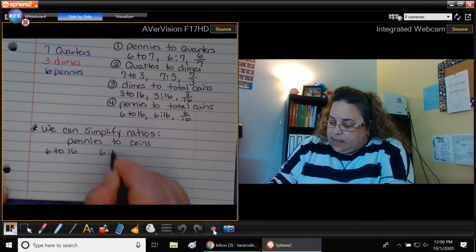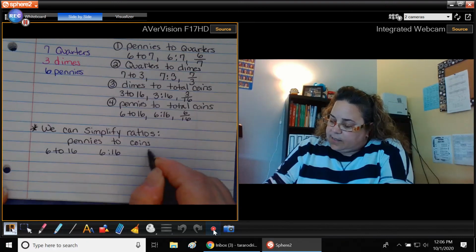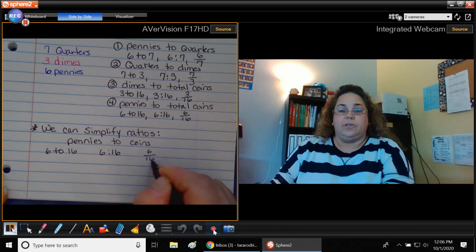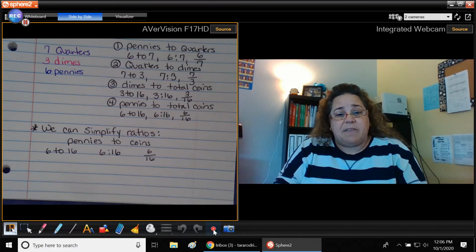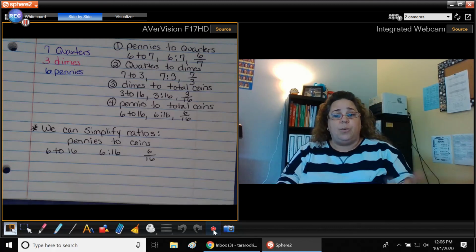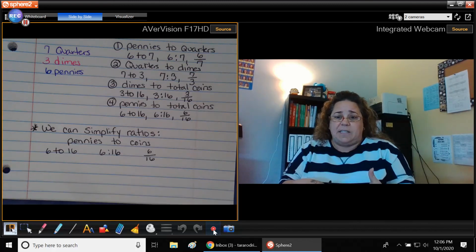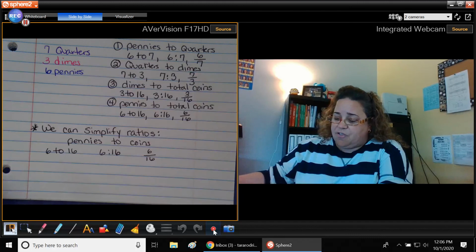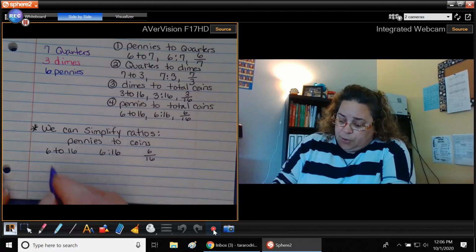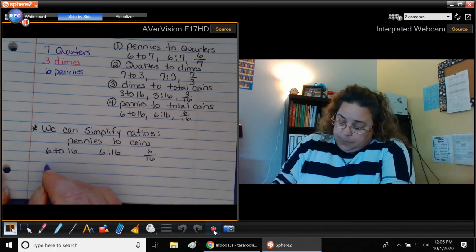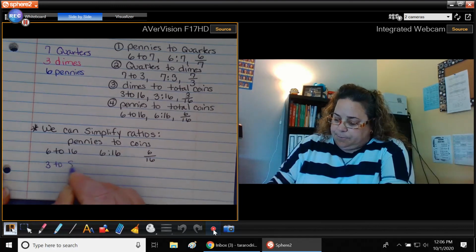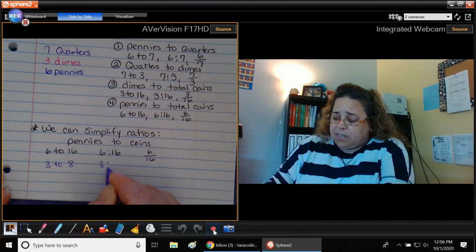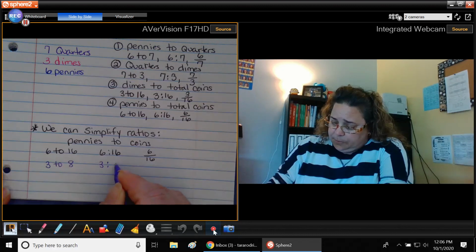6 to 16, and 6 over 16, or 6 to 16. So I can simplify this by finding a number that divides into both, the highest number that will divide into both, and I can change my ratio to 3 to 8. Because 2 goes into both numbers.